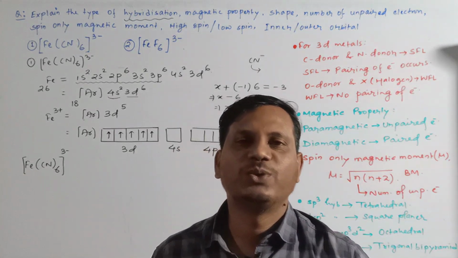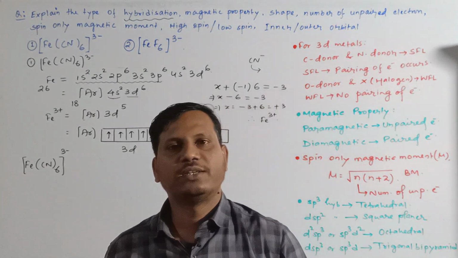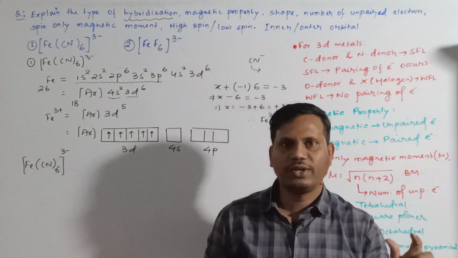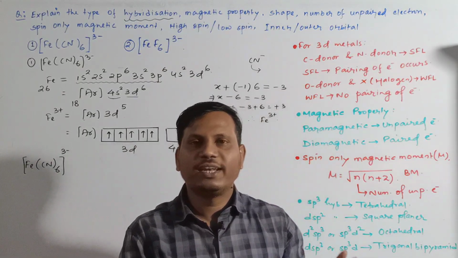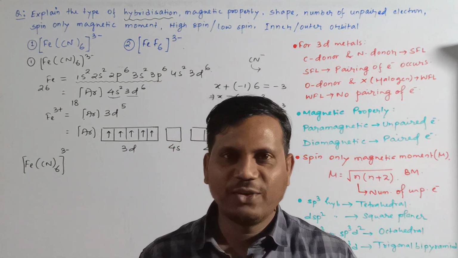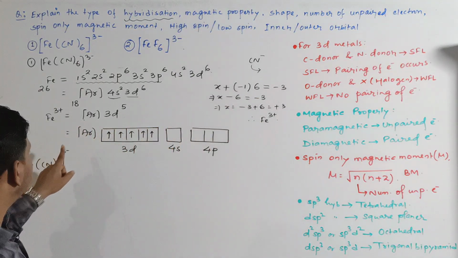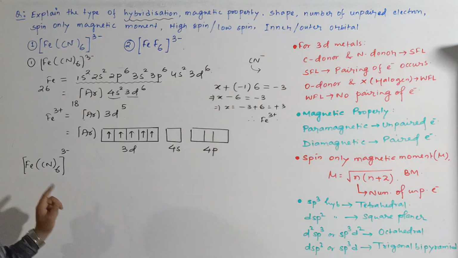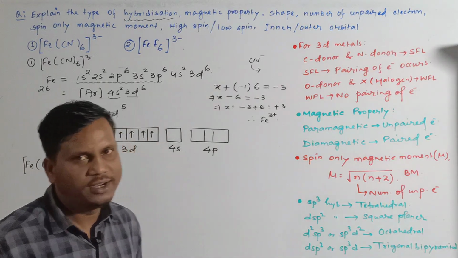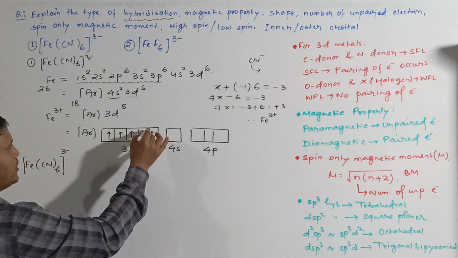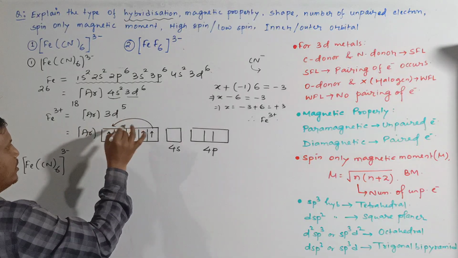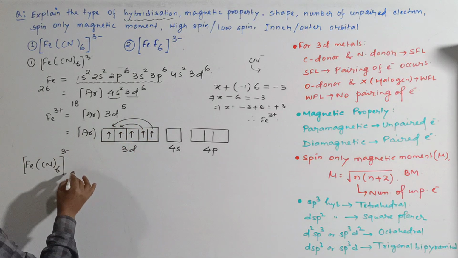For carbon donor and nitrogen donor, we call it a strong field ligand. If a strong field ligand is there, then pairing of electrons will take place. So here CN is a strong ligand, so pairing of electrons will take place. This electron will be paired and this electron will be paired.